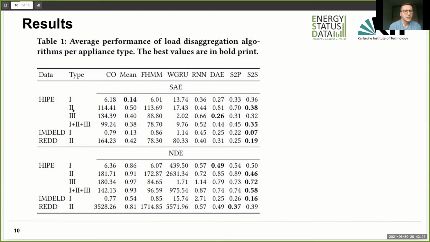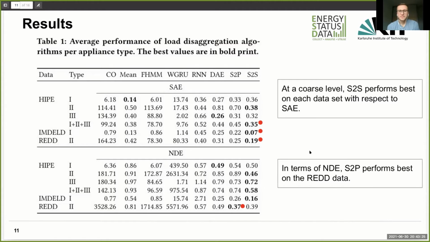We can see, for example, that the HYPE dataset can be divided into 4 groups: only type 1 devices, only type 2 devices, only type 3, and all the types of devices combined. All the remaining columns to the right are the algorithms, including the mean baseline. The table is divided into 2 parts: the top part is the SAE evaluation results, and the bottom part is the NDE evaluation results.